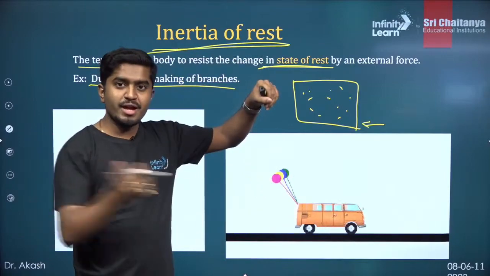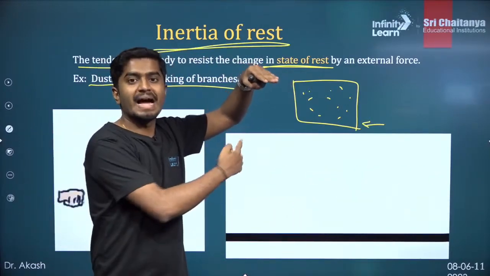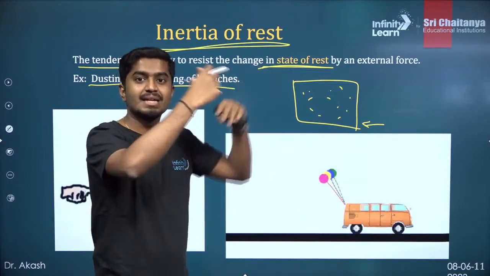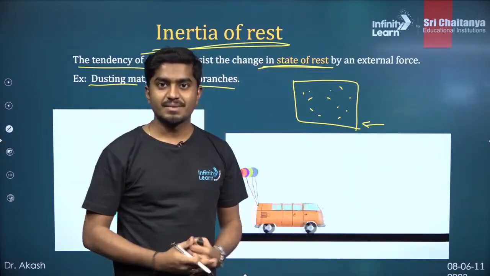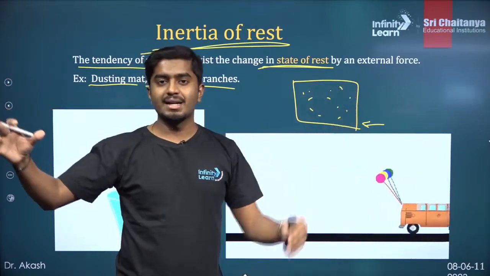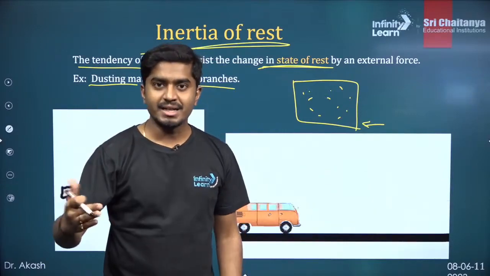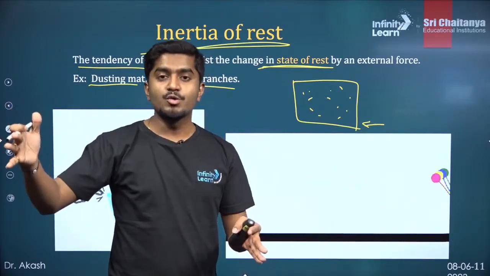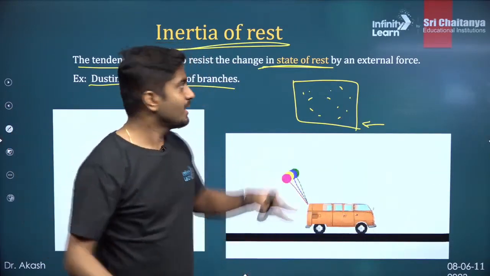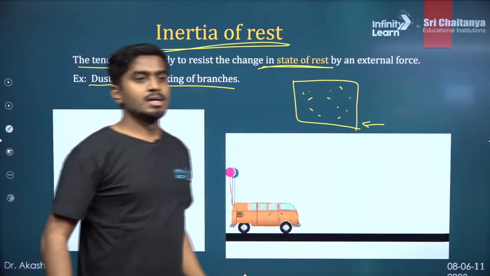So what will happen? If you hit, the mat will go behind. The mat will be pushed behind, but the dust particles will remain at rest. So when you look at it from a different angle or from a distance, it will appear that when you hit the mat, the dust particles are coming out. And why is that possible? Again, because of inertia of rest. Clear?